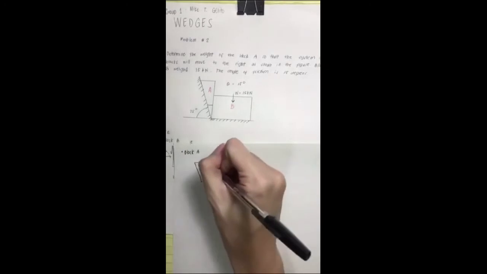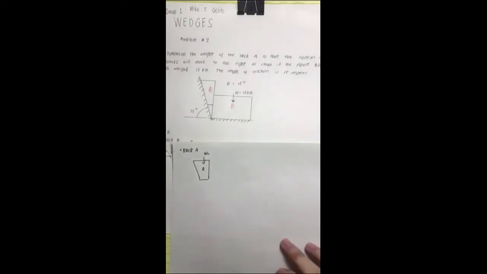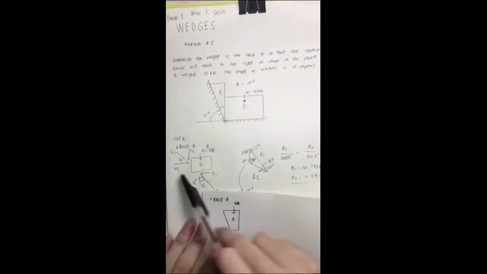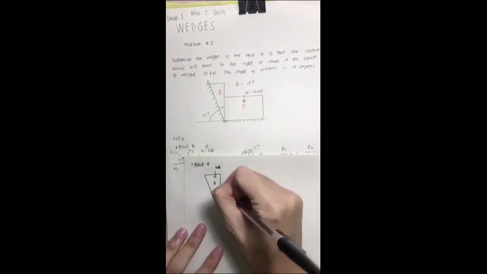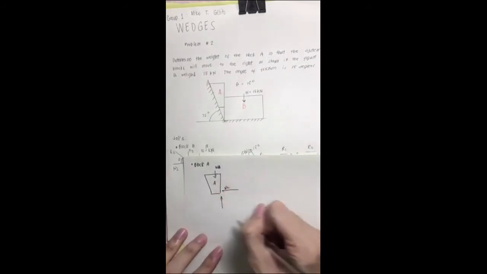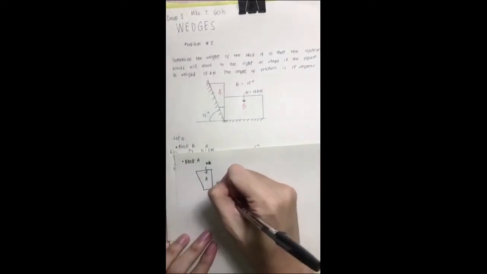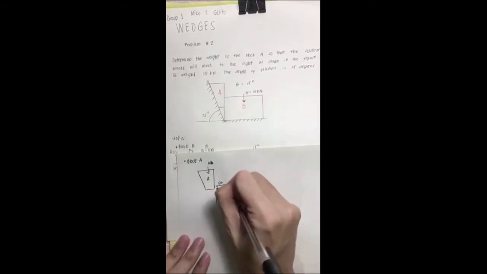Block A, the unknown weight, we'll just call it W2 or WA, and then applying the friction and the force that we did here, it will be here the N2, and then F2 and the reaction, 15 degrees at 15 degrees.